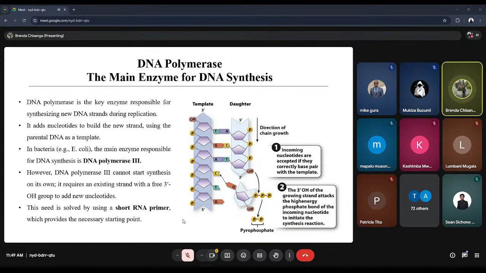And let's not confuse the word synthesis. Synthesis just means adding nucleotides to a template. Synthesis means adding nucleotides in the 5 to 3' direction to a template. So now, the enzyme that synthesizes DNA, that actively adds the nucleotides, is DNA polymerase.